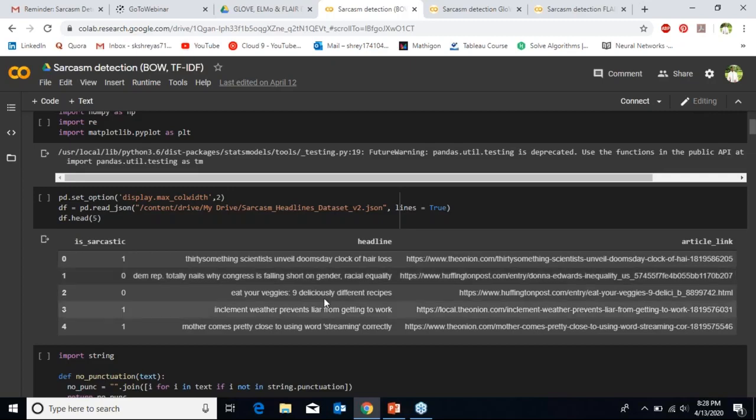This data set is built using the sarcasm reported in these two different news articles. It includes the headlines of each article and the classification of whether that headline is sarcastic or not, and the article link.